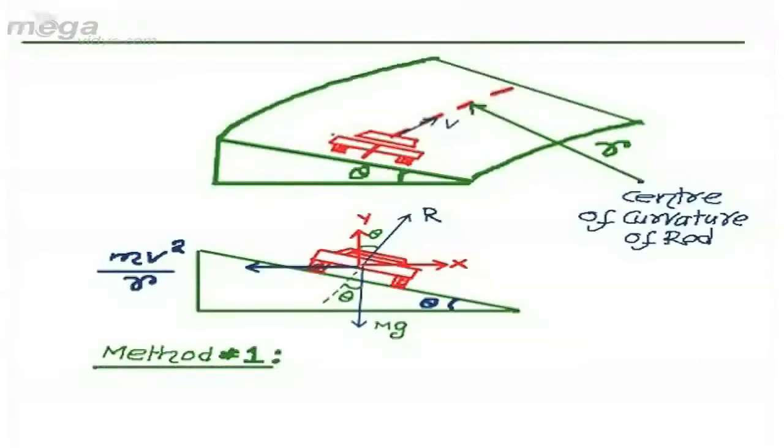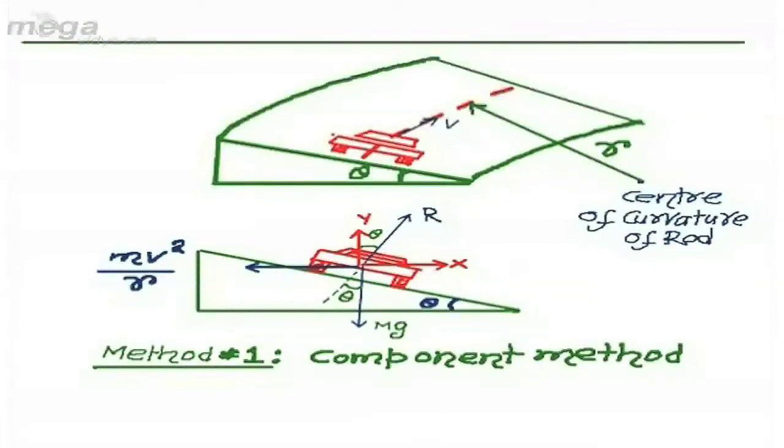First method: I will take components of all the forces acting on this car, and finally by equating the opposite components I can get two relations here. If I talk about the x direction, then there will be one component of this reaction R along the horizontal direction, which can be taken as R sine theta, and this is compensated by mv square by r.